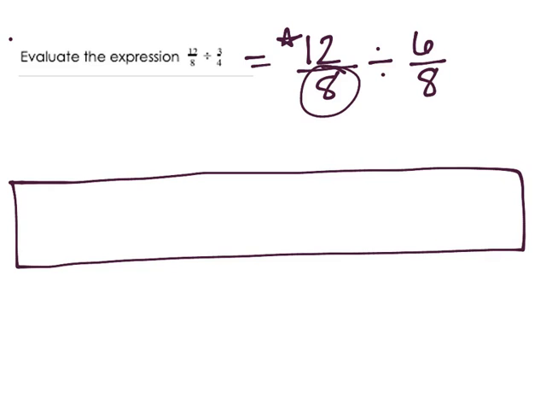I need to make sure that I have enough room to shade my numerator of 12. So that means I'm going to want to have 2 whole numbers.